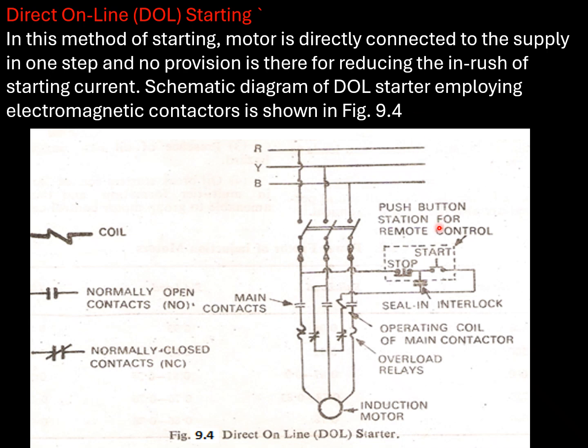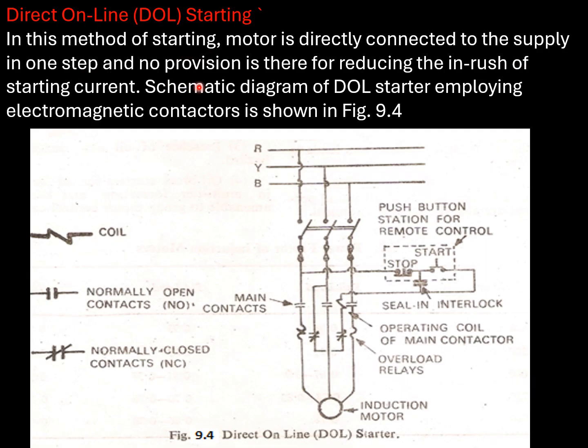Friends, the schematic diagram below in this slide shows the working of direct online starting. In this method of starting, motor is directly connected to supply in one step and no provision is there for reducing the inrush starting current.